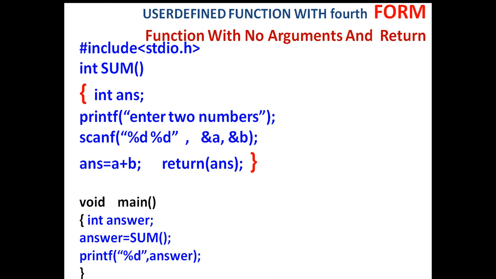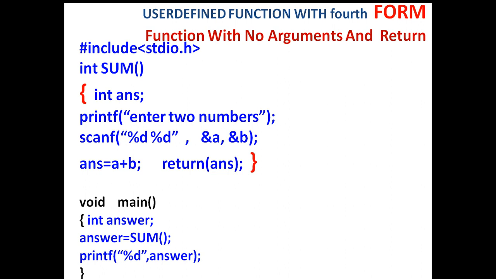The returned value may be of character type, integer type, or double type, and it depends on the calculated answer. If we don't write any return type, then the compiler automatically considers it as int.